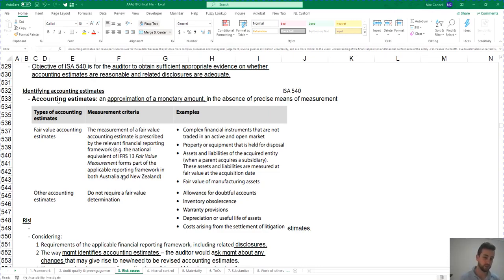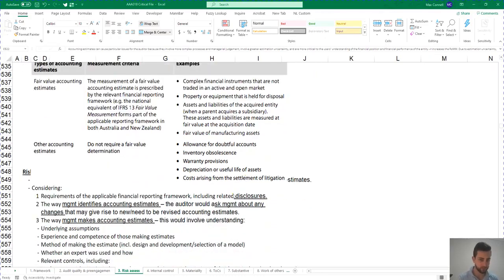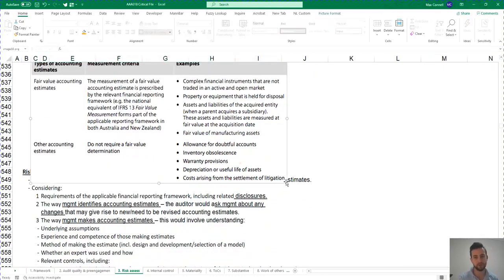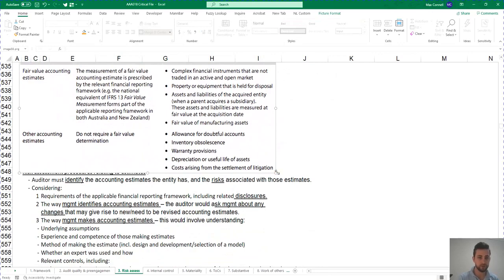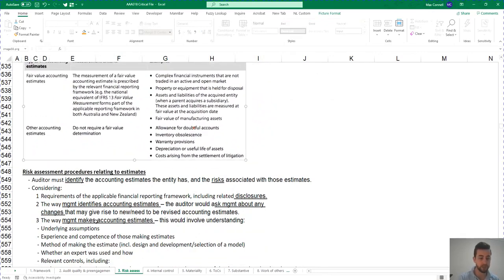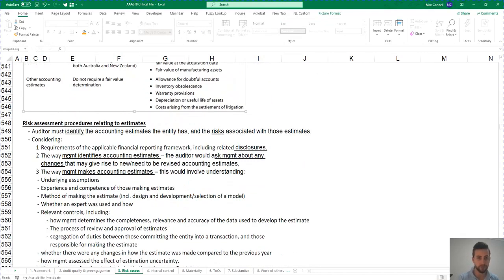Again, how do you know what that actual percentage is? It could be 0% or it could be 100% for all we know. Same with warranty. How do we know how many of our products are going to go bust? We're just guessing. Depreciation and useful life of assets, or costs arising from settlement of litigation. These are all potential risks, and these are areas where the auditor needs to spend additional time because they do present a higher risk of material misstatement.